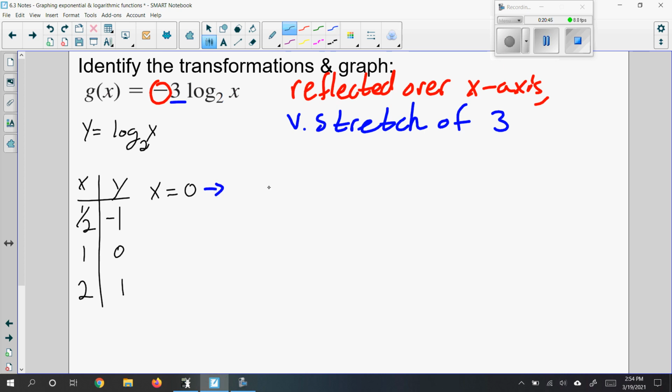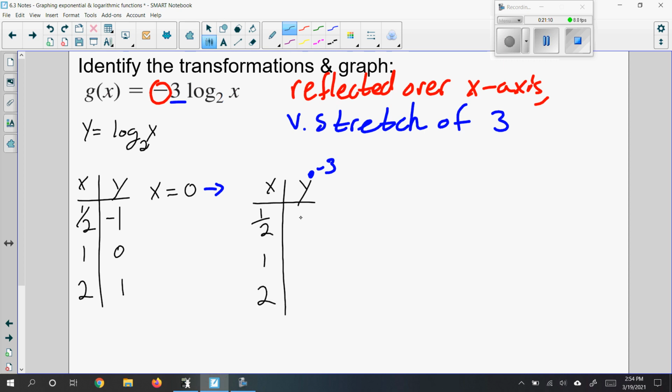Now let's make our transformations. The reflection and the stretch both impact the y values, so we can do them both at once. We will multiply the y's by -3. So the x values are unaffected.